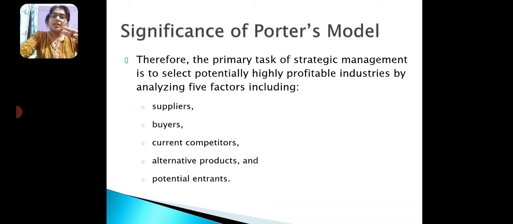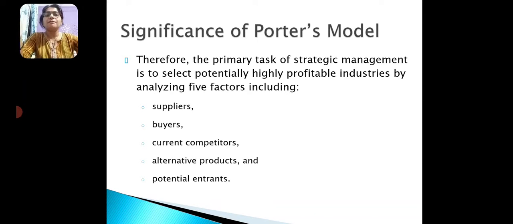Then, if there are any alternatives or substitutes available in that industry, or the potential new entrants, like how open is that industry, can anyone be a new entrant, or are there any entry restrictions or entry barriers. So all these things combined together will give you an idea of the competitiveness of the industry.